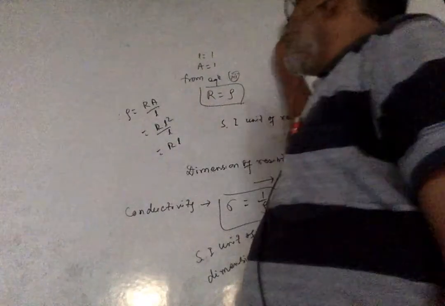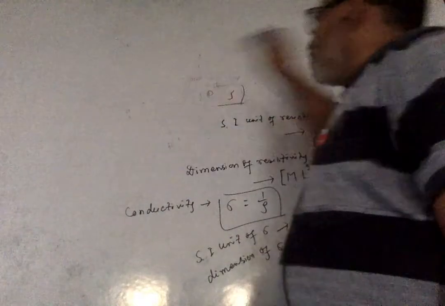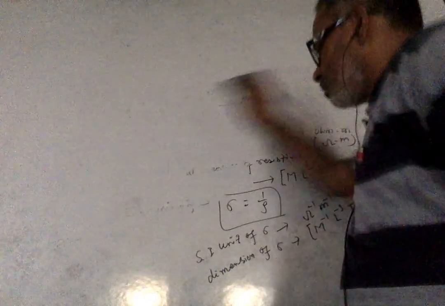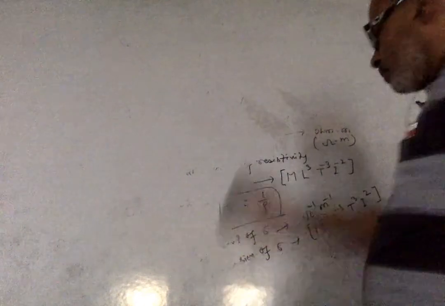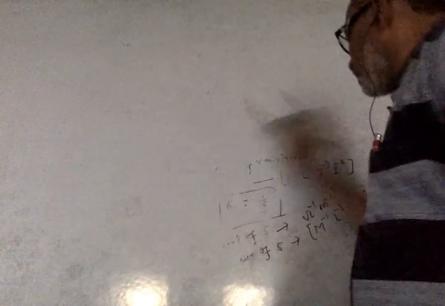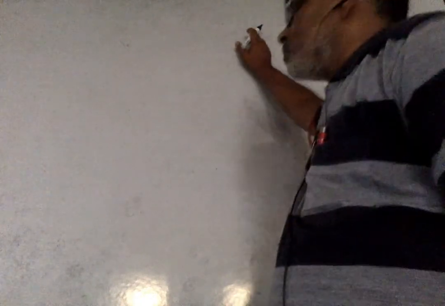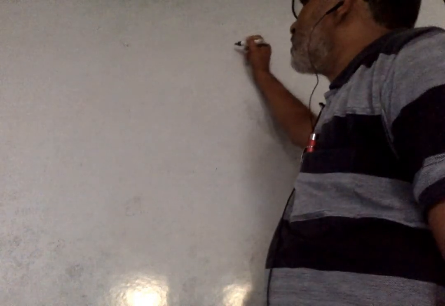In other words, resistivity is also defined as the ratio of electric field and current density, or the electric field per unit current density is called resistivity.